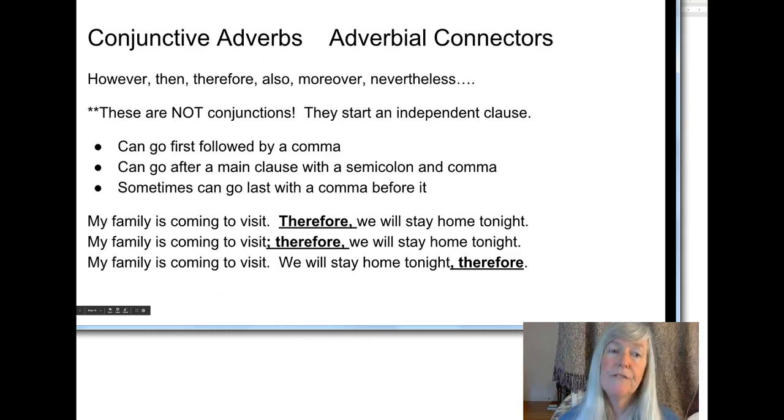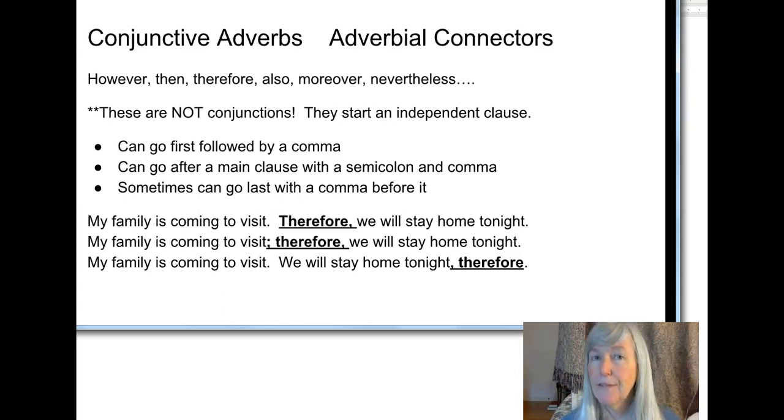There are conjunctive adverbs, or adverbial connectors, like however, then, therefore, also, moreover, nevertheless. They're not conjunctions. They start an independent clause. They can go first followed by a comma.